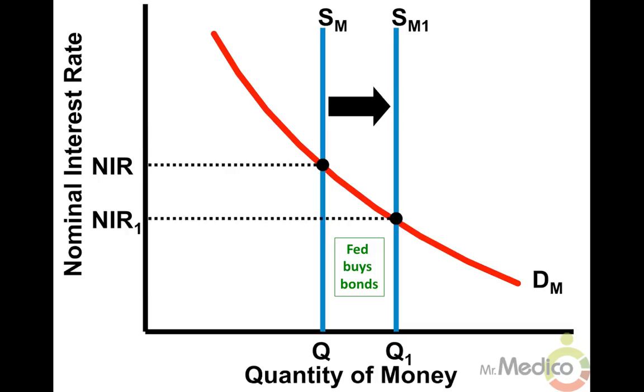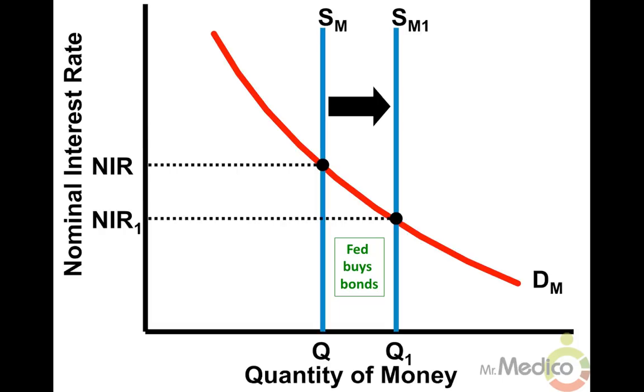Commercial banks will now have more that they can lend out to the public. So if there's a greater supply of money, the way that the banks will attract borrowers is by lowering their nominal interest rates, lowering the interest rates on those loans.